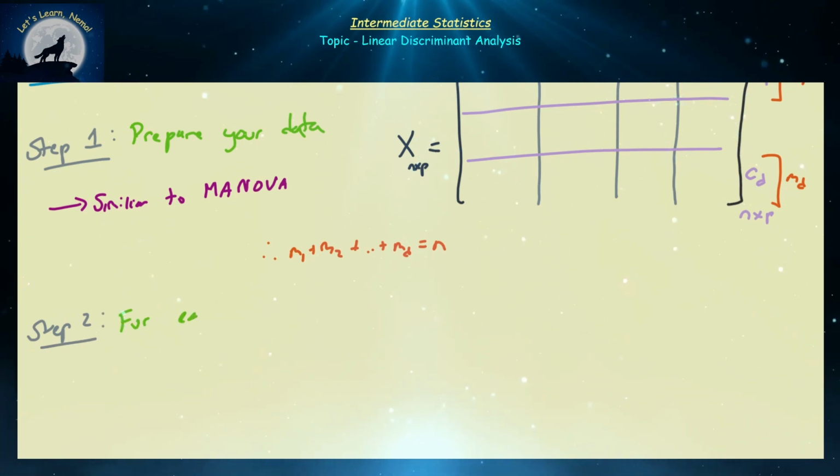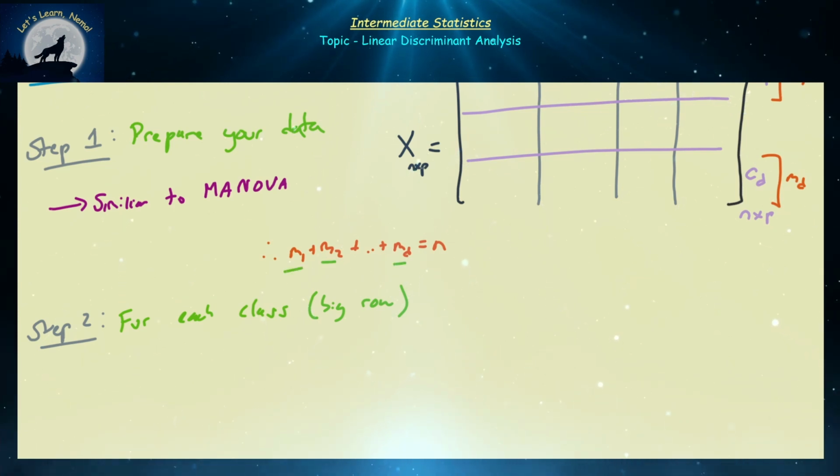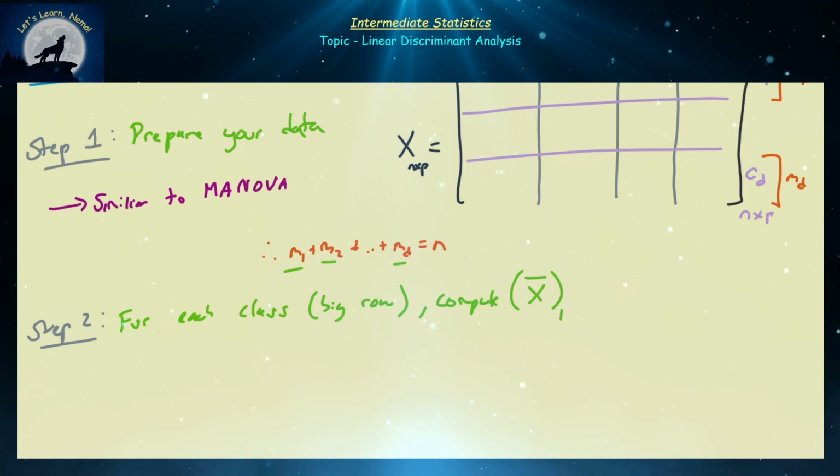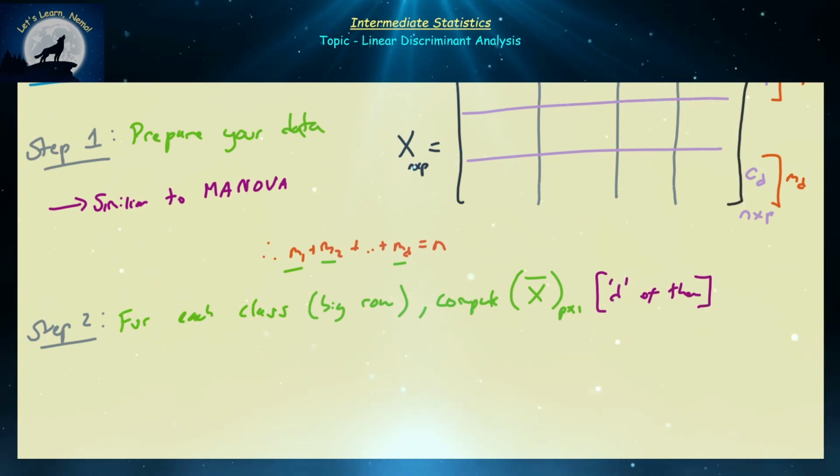So for each class, which in this picture is going to be corresponding to a big row, each of which is going to have m1, m2 down to mD number of entries in them, we're going to compute x bar vector, which is going to be a p by 1 vector, and keep in mind there's going to be D of them, because in some sense we have D big rows, each of size m1, m2 down to mD.